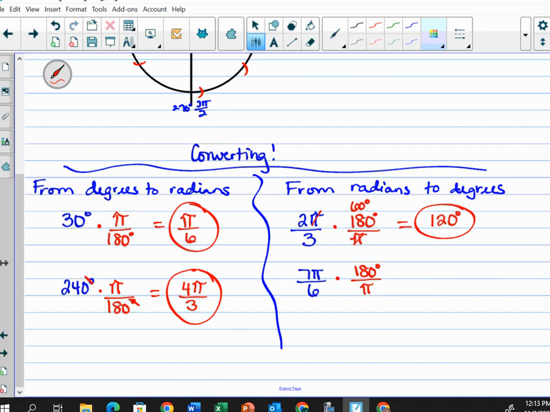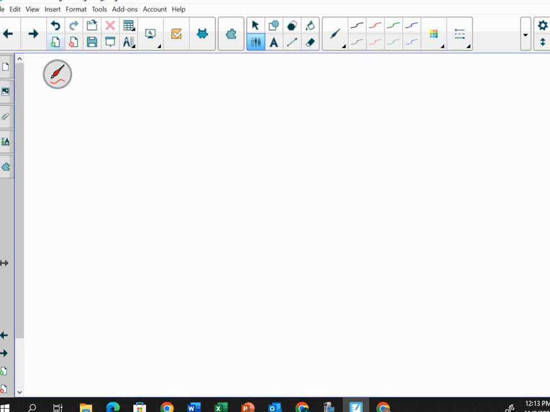So think, if I have 20 inches and I want to know how many feet that is, I would take that times 1 over 12, 1 foot over 12 inches. Yeah? Okay. Tying it back to something you already know always helps.